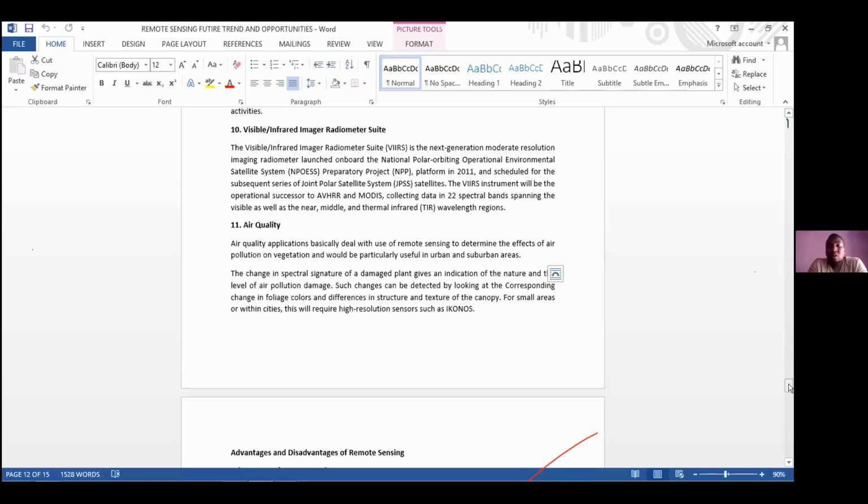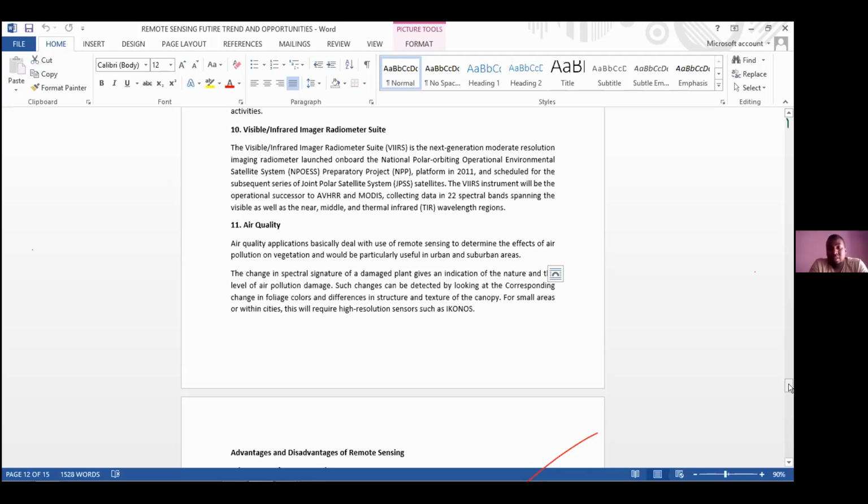For instance, we have these reports by the World Health Organization, which tell you this is the safest city to live in, this is the safest place to live in. How do they come out with that information? They come out with it after doing air quality analysis to see which region is less contaminated in the air by these other gases.